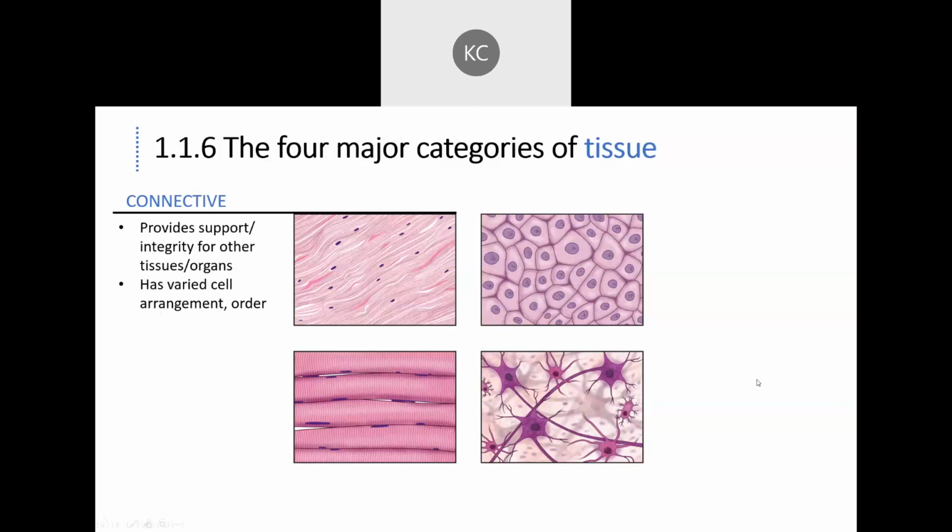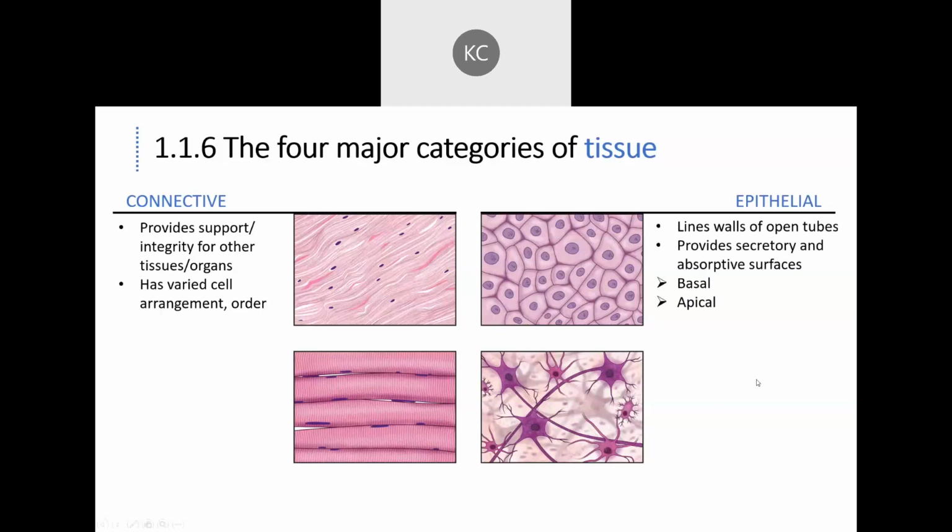All right. Second we have is epithelial. Epithelial tissues, or an epithelium, are generally lining the opening of some type of cavity or some type of entryway or open tubes. If you think of your skin, when you look down at your hand and you touch it and feel it, that is an epithelial tissue.